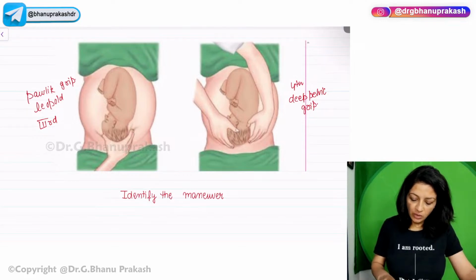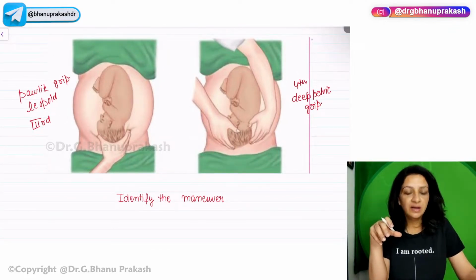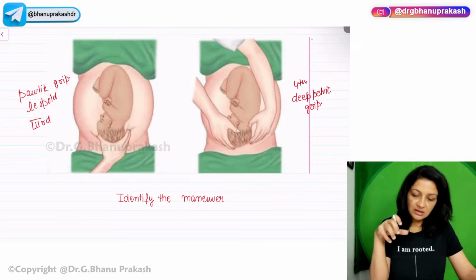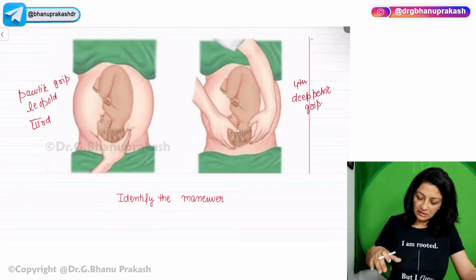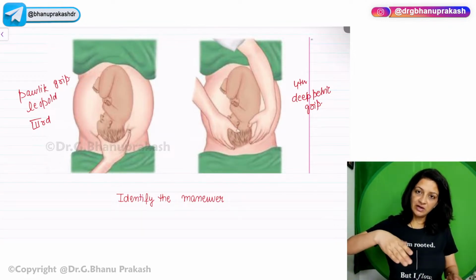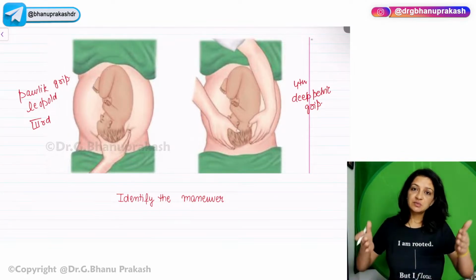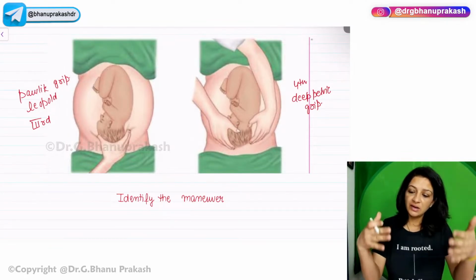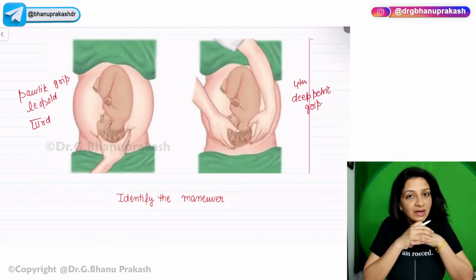इन दोनों ही Leopold में हम क्या चेक करेंगे? हेड एंगेज हुआ है या नहीं हुआ. So in case of second, third grip, just one hand से हम चेक करेंगे कि फीटस का हेड एंगेज हुआ है या नहीं हुआ है. In the fourth one, the Pawlik grip. इसमें भी हम दोनों हाथों को क्या करेंगे? इंग्वाइनल रीजन में रखेंगे, चेक करेंगे कि फीटस का हेड एंगेज हुआ है या नहीं हुआ.